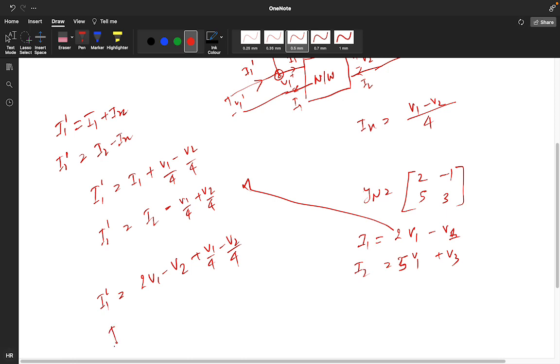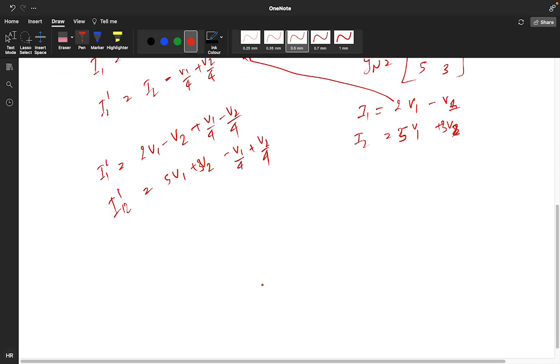And here also I2 dash is equal to 5 v1 plus 3 v2 minus v1 by 4 plus v2 by 4.